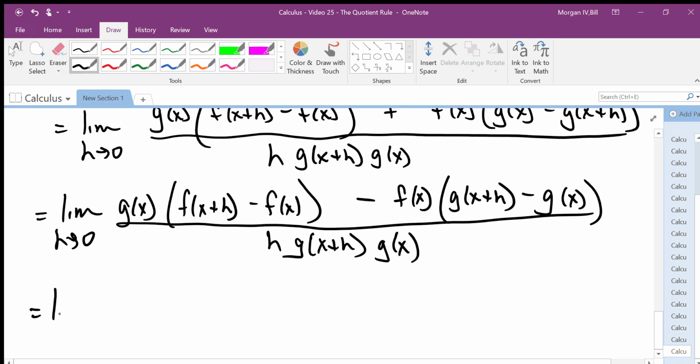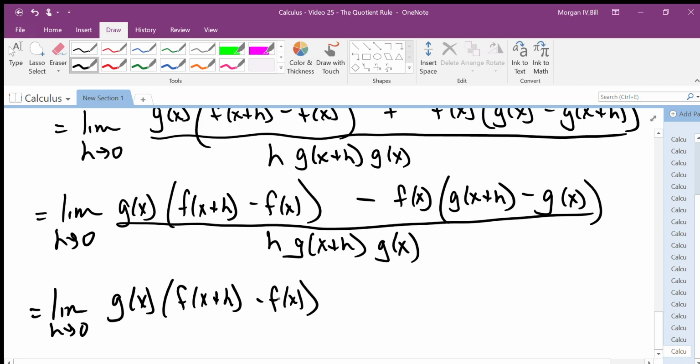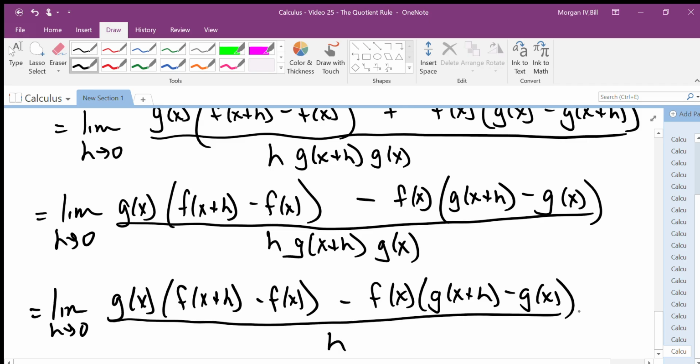In other words, think about it like this. The limit as h goes to 0, that entire numerator, all over h, times 1 over g of x plus h, g of x.